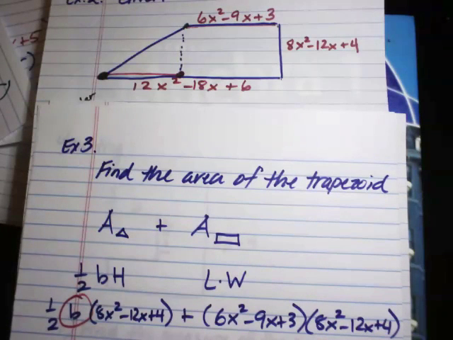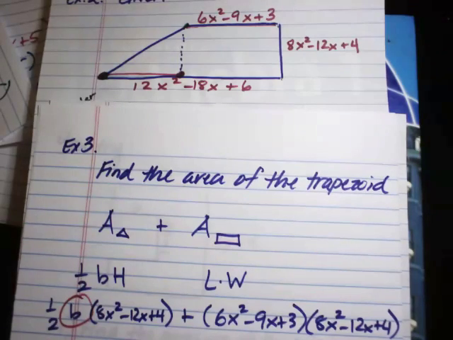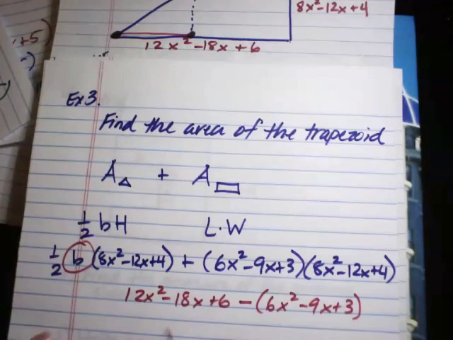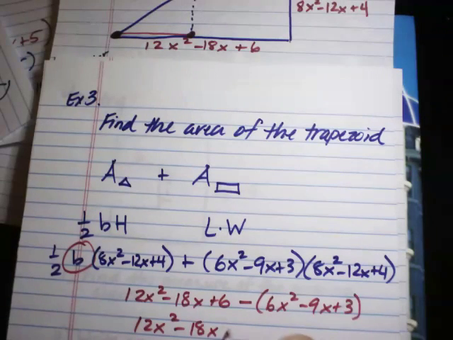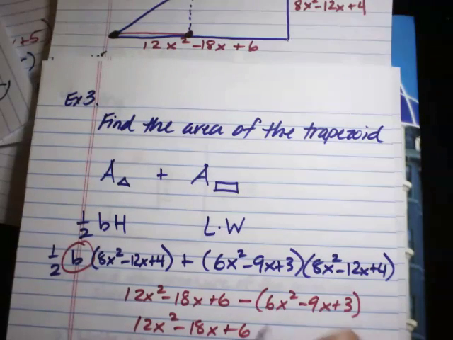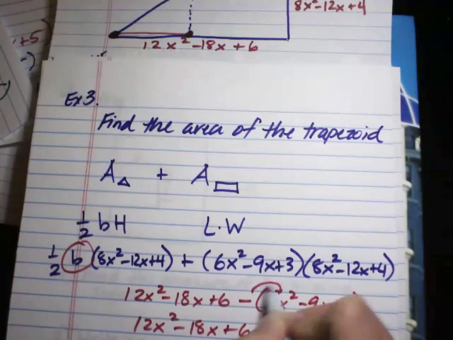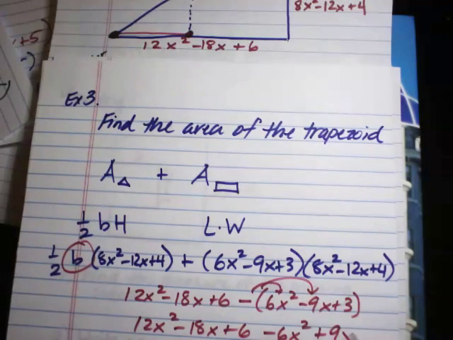We'll have 12x squared minus 18x plus 6 minus 6x squared minus 9x plus 3. We're going to distribute that negative sign: minus 6x squared, plus 9x, minus 3.